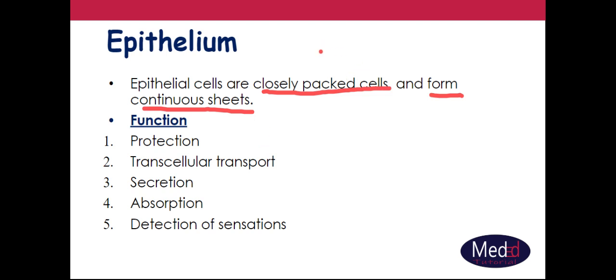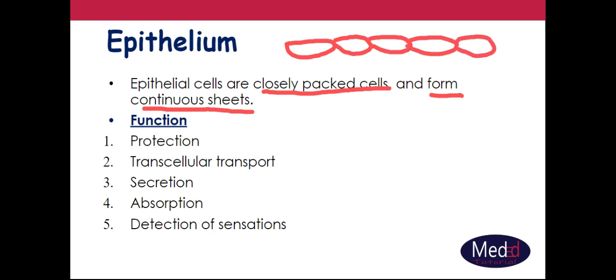When you look at the typical epithelial tissue, you see several cells packed together, with little or no space in between them. This is one major difference between epithelial tissue and connective tissue.